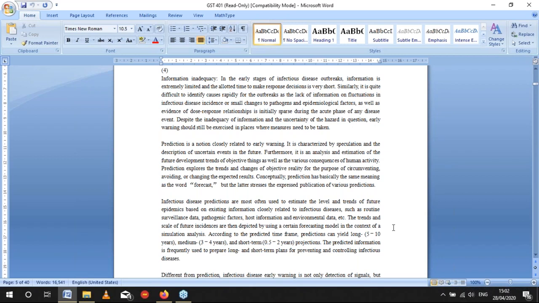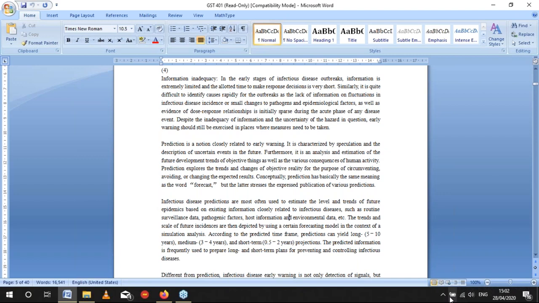I repeat, early warning results are used to guide timely responses to possible or ongoing outbreaks, while prediction results are used to develop infectious disease control programs or plans.